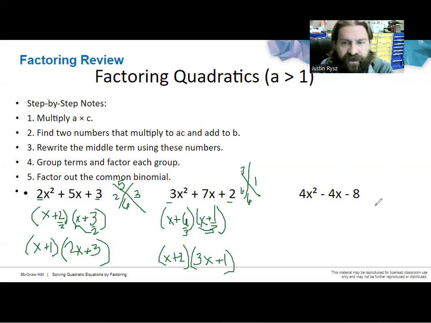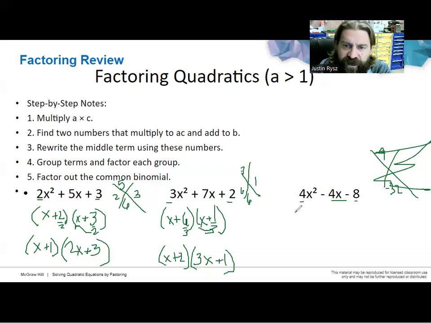Alrighty, next problem here. What multiplies together? 4 times negative 8 is negative 32. Adds together to get 4. Now, actually, we're going to cross that out. This one we see here, we actually have to do GCF, because can we divide all those numbers by something else? Yeah, we can divide them all by 4.